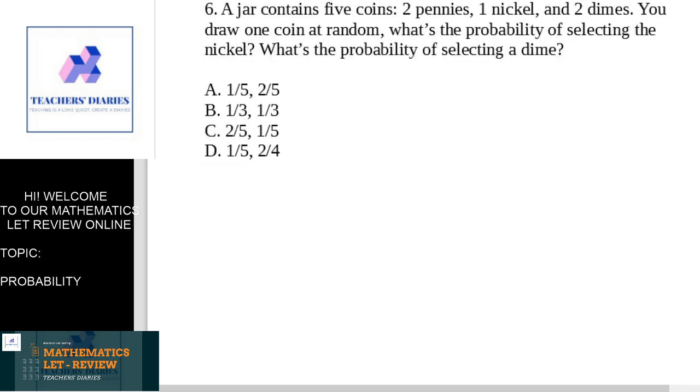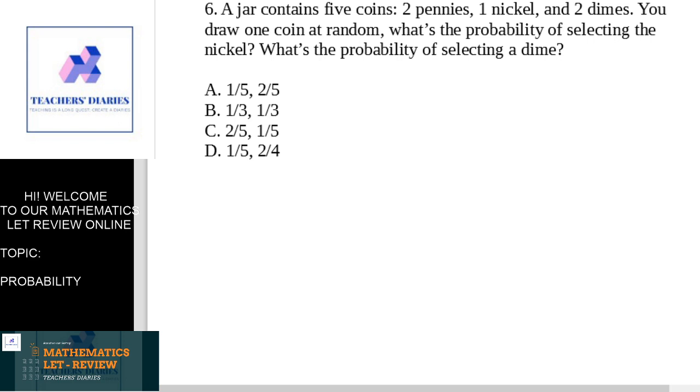Let's proceed to number 6. A jar contains 5 coins, 2 pennies, 1 nickel, and 2 dimes. You draw 1 coin at random. What is the probability of selecting the nickel? What's the probability of selecting a dime?